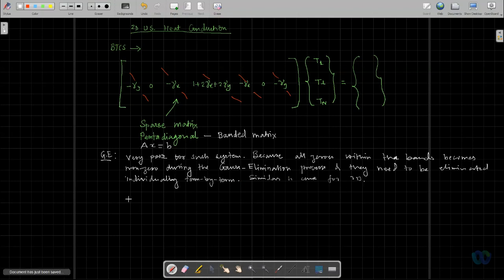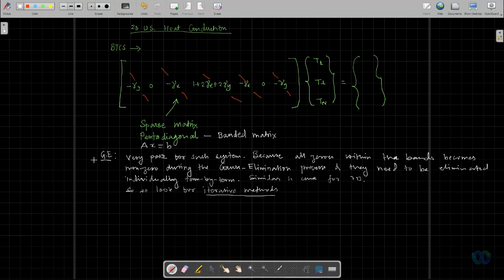So we should look for iterative methods. Since we said Gauss elimination is poor, even TDMA or the pentadiagonal matrix algorithm will also be poor.